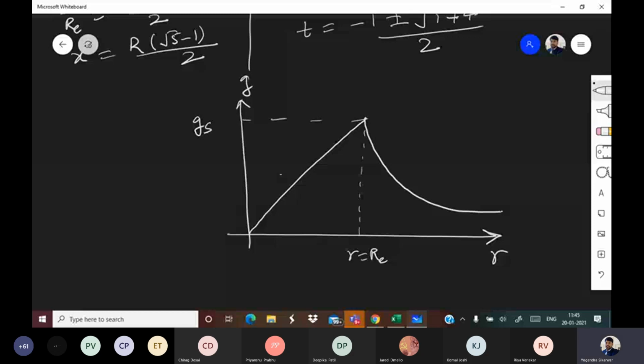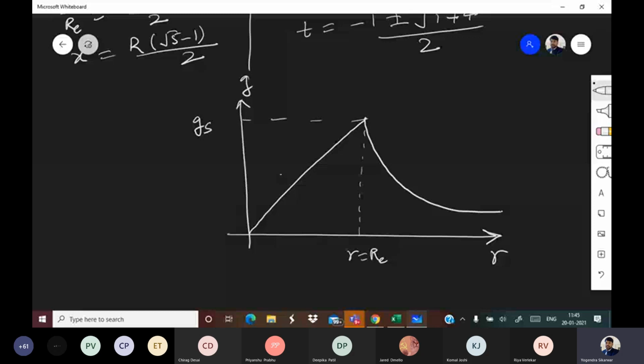So here G is proportional to R, and here G is proportional to 1 upon R square. Okay. R is distance from the center of Earth.